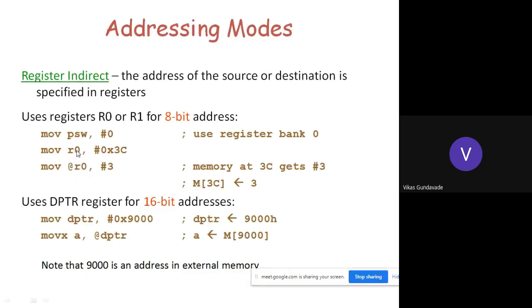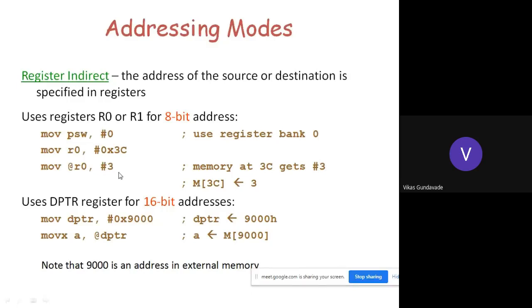So first the 3C address location is initiated or pointed by R0, and the new value 03 is transferred into that memory location which is pointed by R0. So the pointer will work here to transfer the data from register to the memory or from memory to the register.